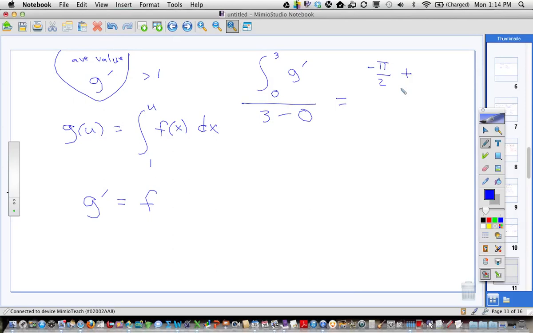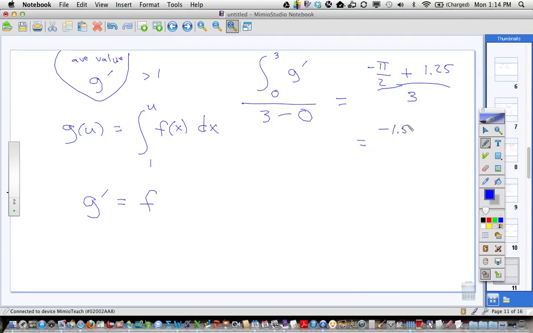Now there we just have to estimate. Count squares. What do you think? 1 1/4. Sounds good. Divided by 3, right? So what's that?